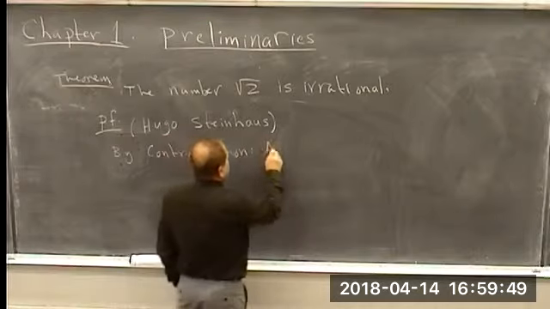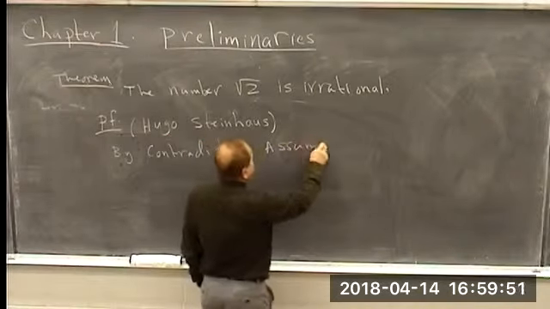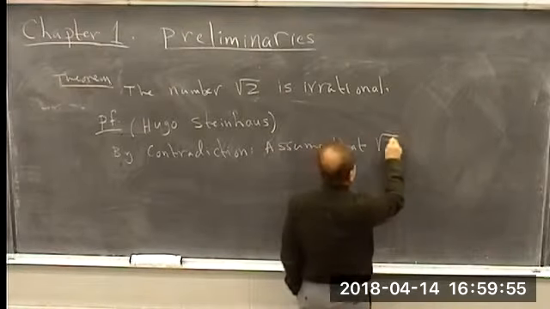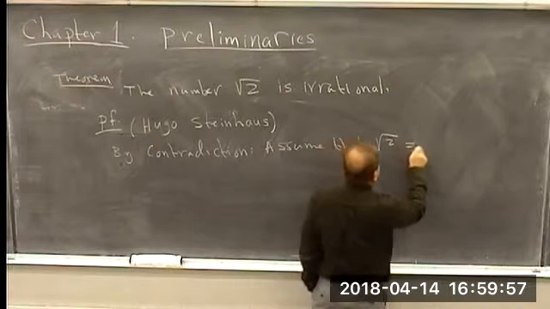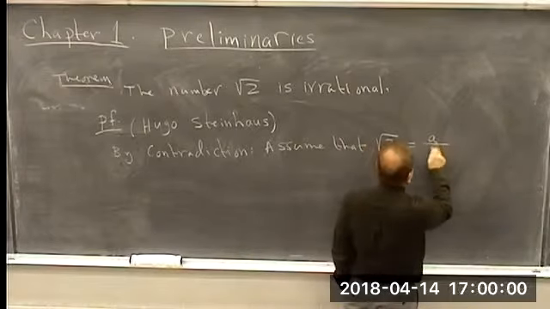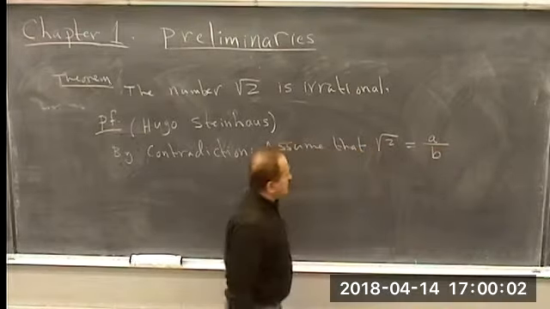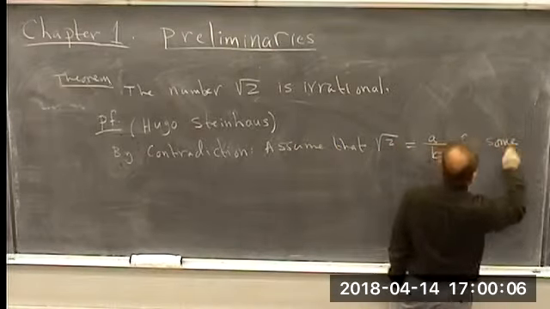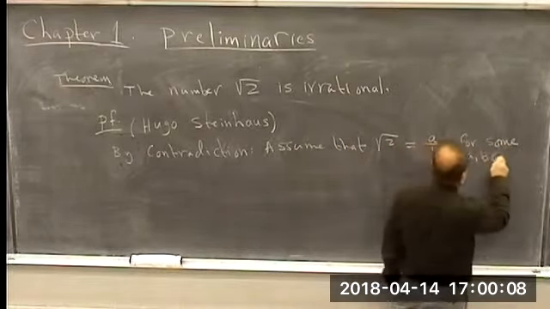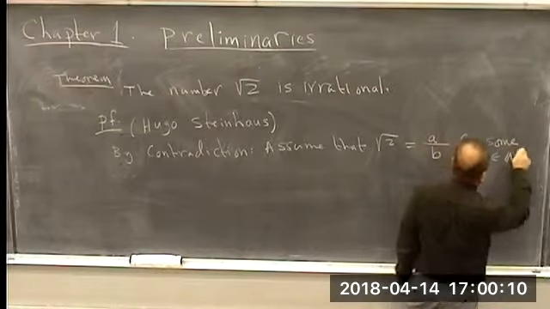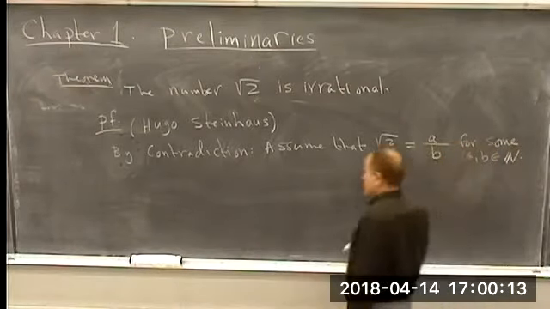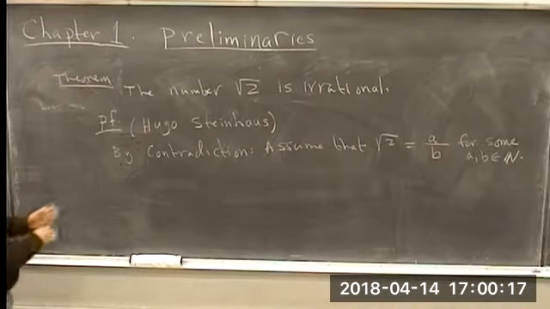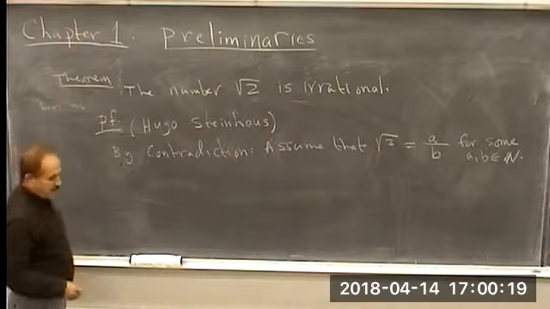We're going to assume that the square root of 2 is actually rational, meaning equal to a over b for some a, b being natural numbers. Everything is positive here, so natural. However, we're going to go in a different direction from here on.